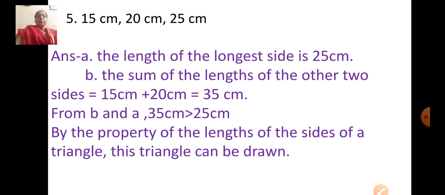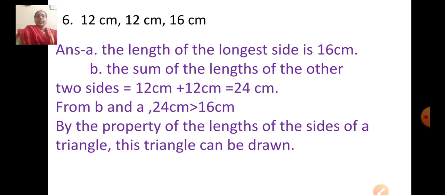So 15 plus 20 is 35 centimeter. So yes, as it is greater than the third side, a triangle can be drawn here. So from B and A, 35 centimeter is greater than 25 centimeter. So by the property of the length of the sides of a triangle, this triangle can be drawn.